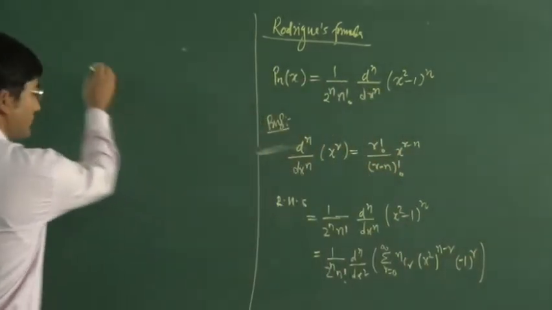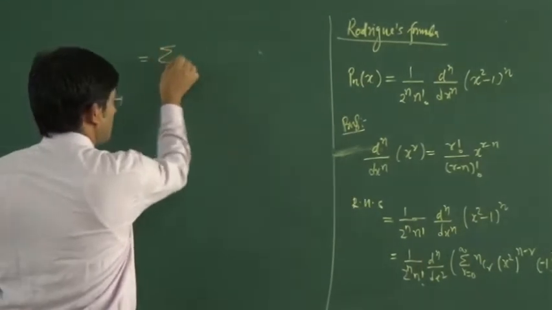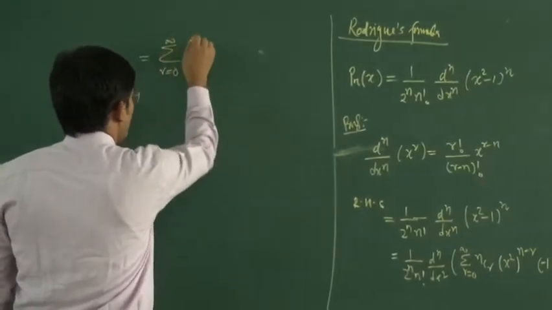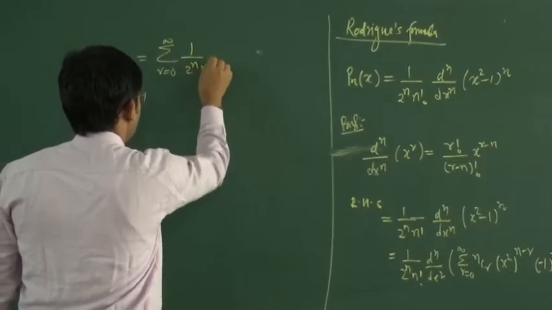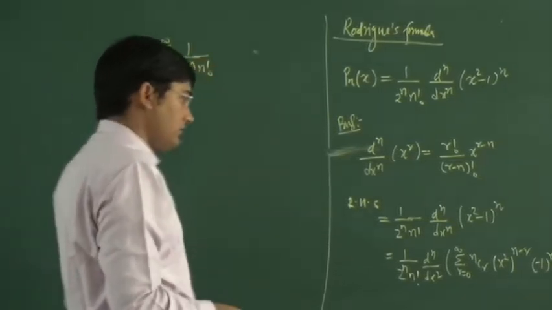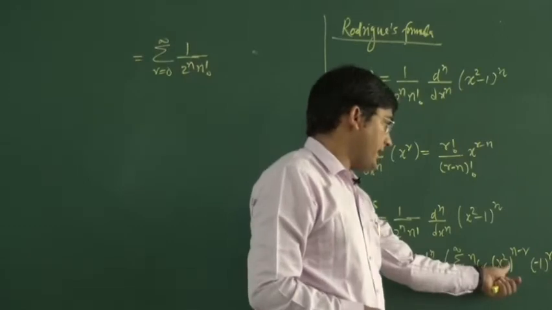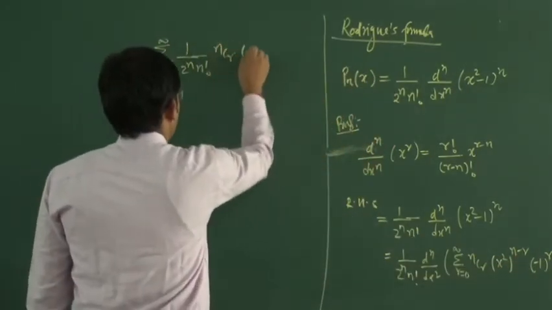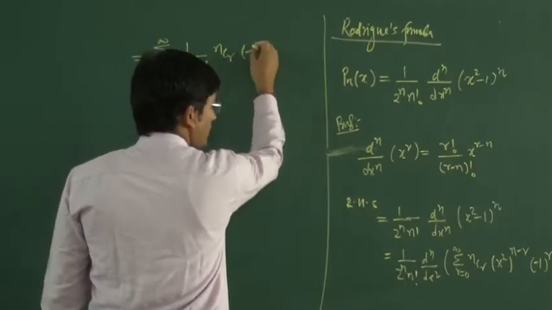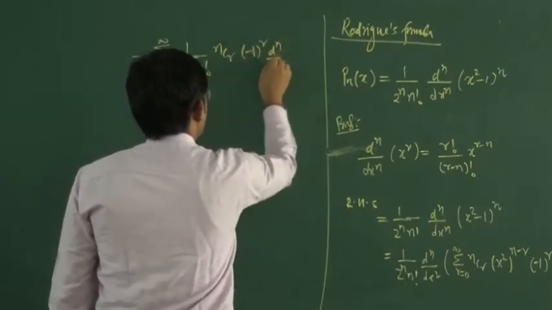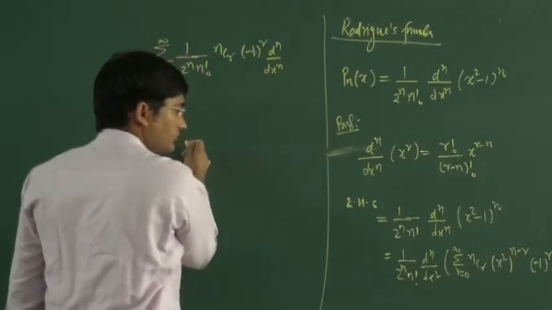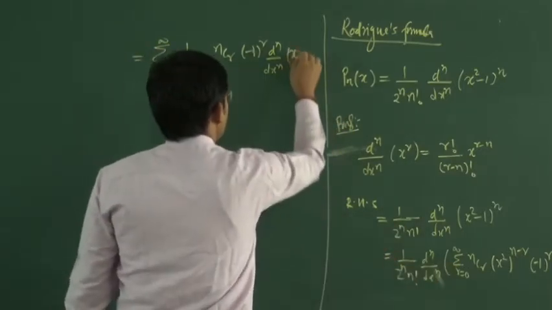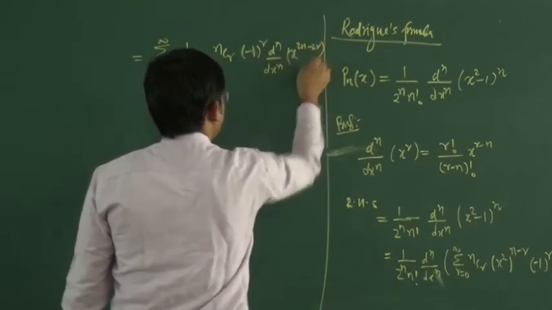So if you differentiate this one, then we will get summation r equal to 0 to infinity 1 upon 2 power n factorial n, then the nth derivative of x power 2n minus 2r. So here we will have nCr into minus 1 power r, and then the n time differentiation of x power 2n minus 2r.